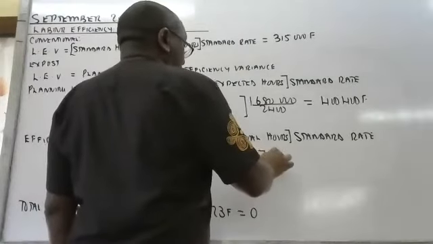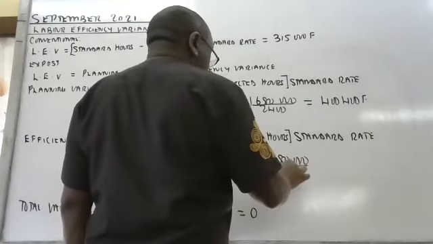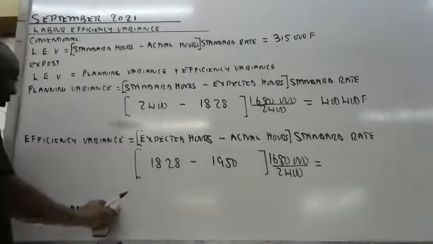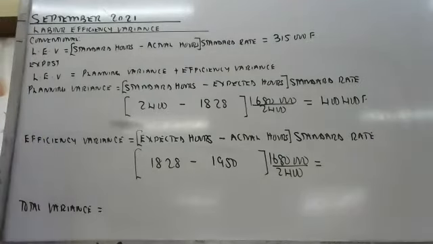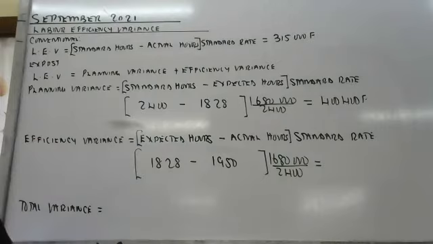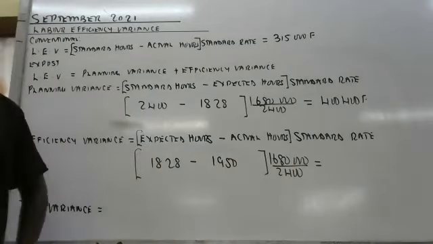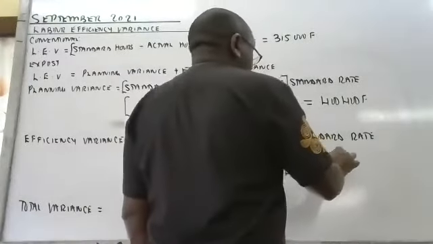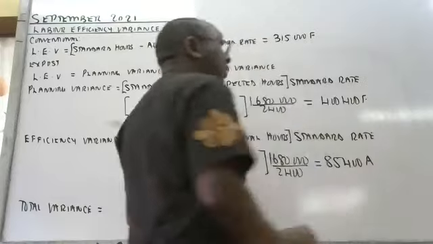So now here, we do the same thing. This is 16,800. You divide by 2400. That gives 5,400, adverse.